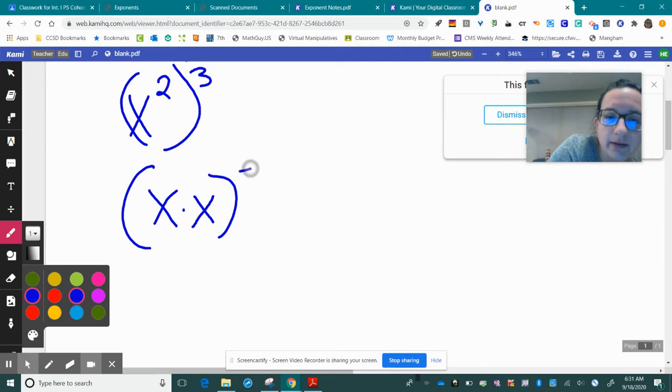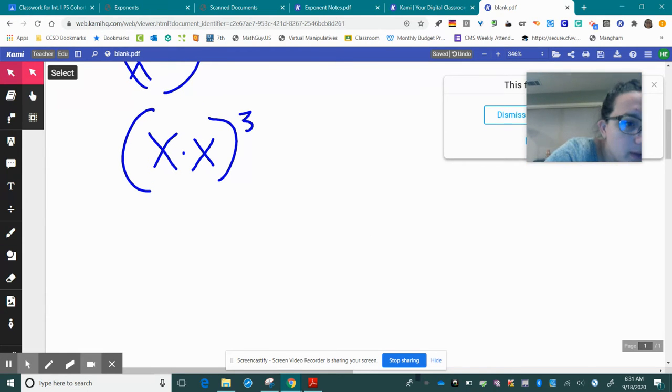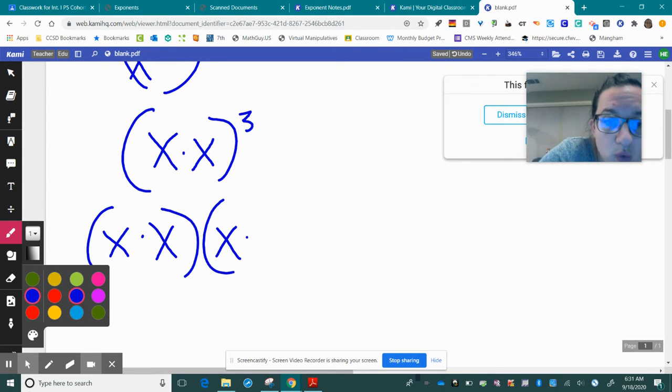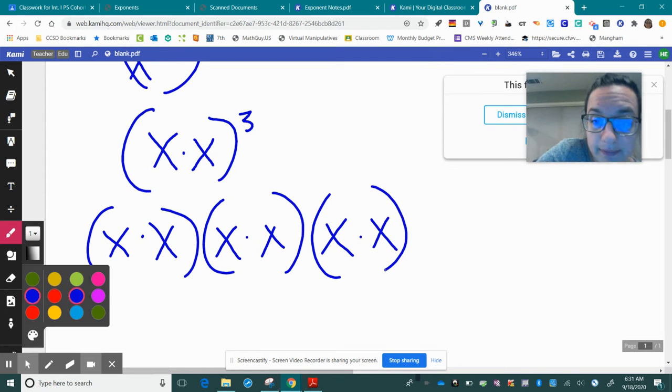We have 2 of those x's, and it's cubed. Well, that entire x times x is cubed. We have 3 of those. So if we write that all out, we have 1, 2, 3.